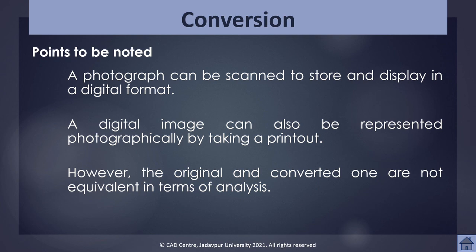Many digital image processing techniques rely on the digitally recorded pixel value. In a scanned photograph, the pixel value represents the reflected amount of light from the photograph and not from the original object, or rather not from the earth's surface. Thus, it differs from the originally captured digital image.